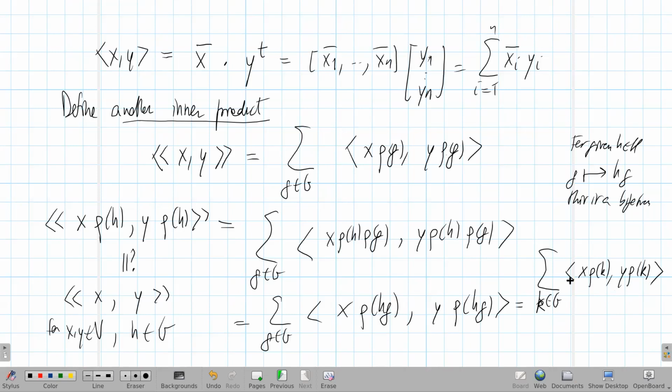So what's this? This is nothing else than the product I had before. And so I proved, in fact, that this equals this, okay? So this means that rho h is unitary with respect to this. This is a very simple argument, this averaging argument, but we'll see that it's quite powerful, and that we'll be using it for several things, okay?